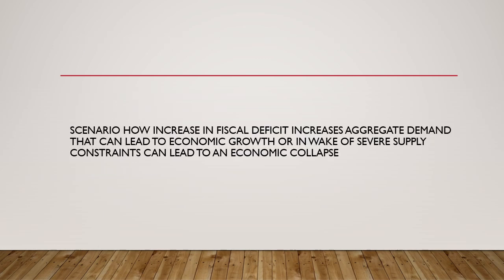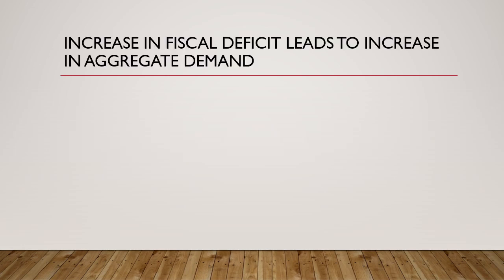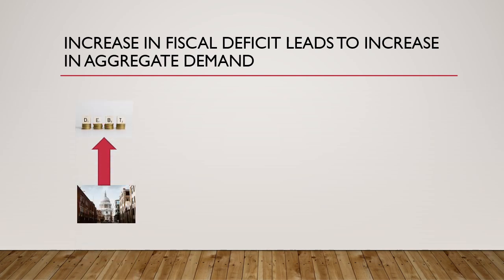So now let's look at a scenario wherein we'll see how an increase in fiscal deficit leads to an increase in aggregate demand that can either lead to economic growth or, in the wake of severe supply constraints in the economy, can cause even an economic collapse. So, let's say the government increases its fiscal deficit and takes in more debt.